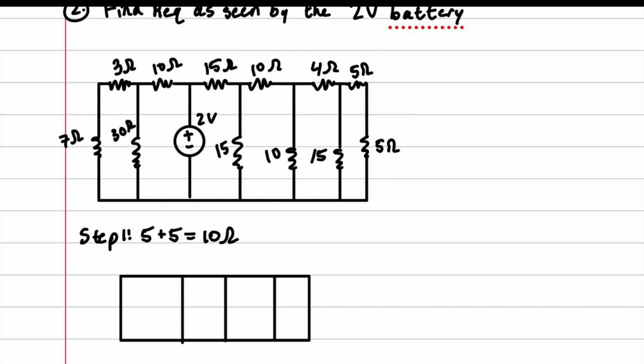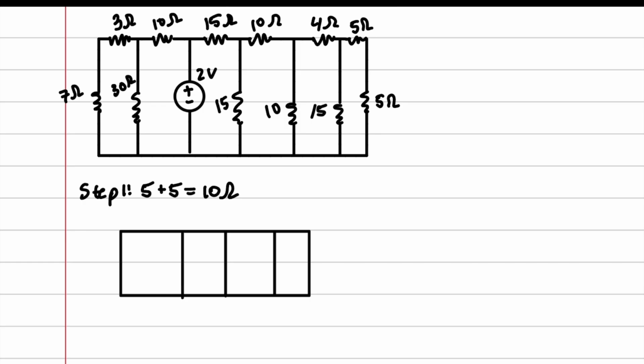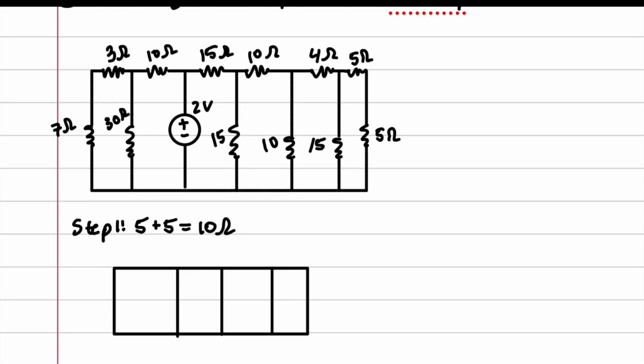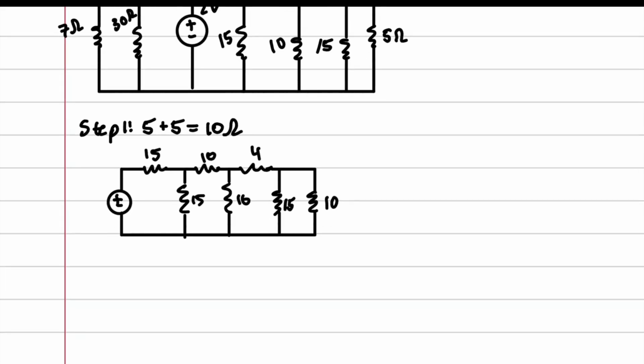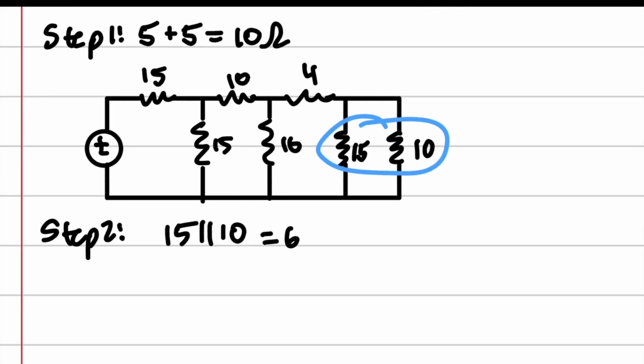So we're going to solve the right side first, and so we've got the 5 plus 5, so right here is going to be 10 ohms. Right here is 15, and then we're going to parallel these guys, and so step 2 is 15 and 10 in parallel, which is 6 ohms.